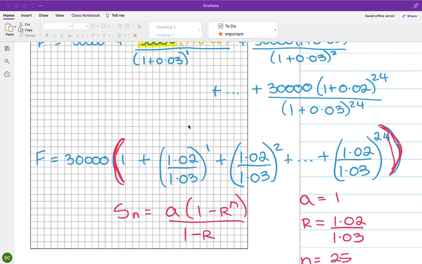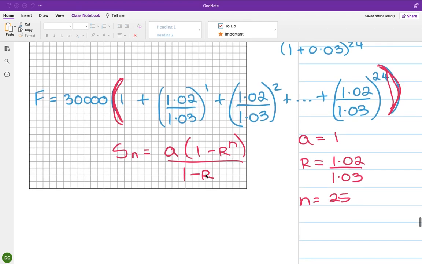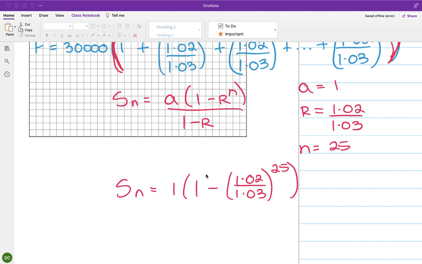Obviously 1 to 24, and then the 1 at the beginning, so 25. Okay, so we sub in, and we get 1 times 1 minus 1.02 over 1.03 to the power of 25, and that is over 1 minus 1.02 over 1.03.